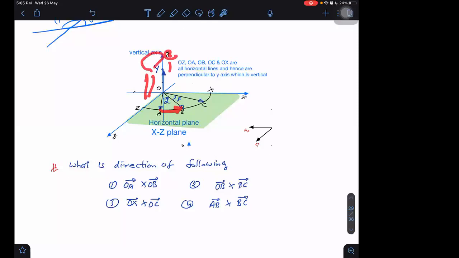I will see it turning anti-clockwise with respect to the person standing, so for that person it will be pointing towards him, which means towards J cap. So it is right that OA cross OB will be along J cap.